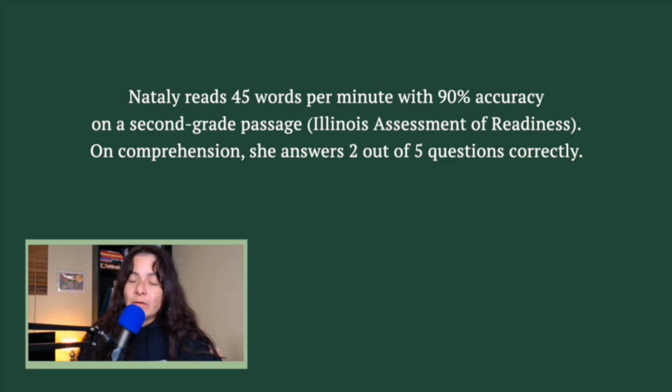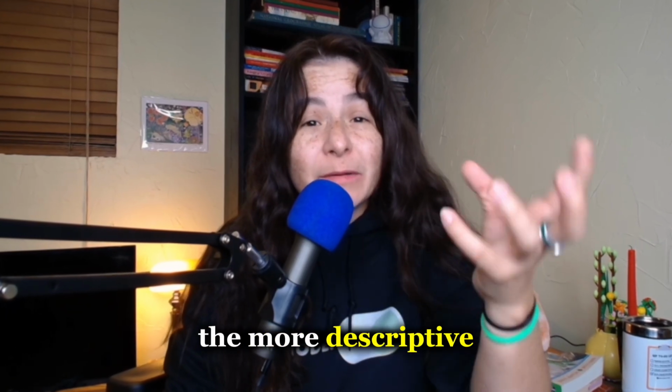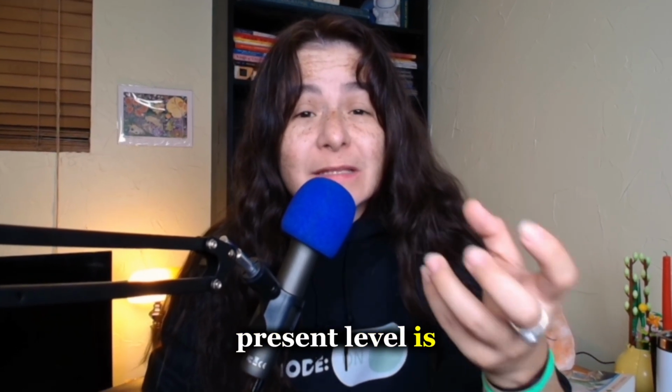I'm doing Illinois because I'm in the state of Illinois, but you know what assessment is completed in your state, in your district. So you will provide the information based on the assessment that you use. On comprehension, she answers 2 out of 5 questions correctly. If, for example, you can say what exactly are those comprehension questions, write them down. The more descriptive and detailed the present level is, the better.